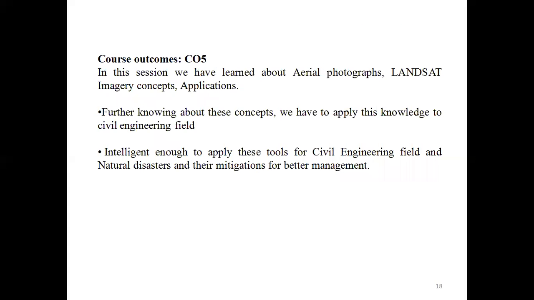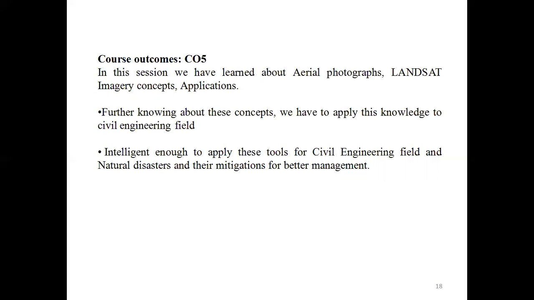So in this particular session, we have learned about aerial photographs, the photographs which are taken from the air, what are the advantages of that, Landsat imageries and their concepts and their applications. And natural disasters and their mitigations, tsunami, landslides and all those things.